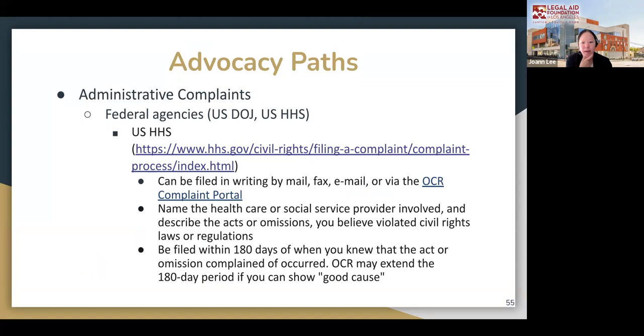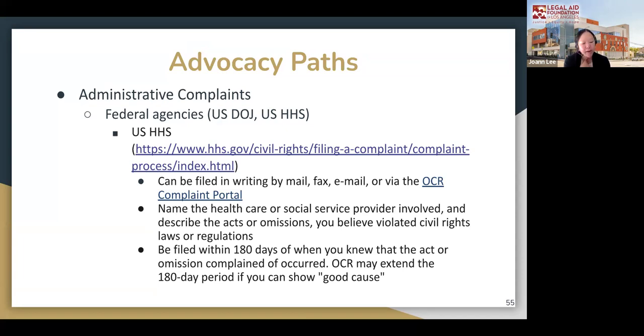If you go to lep.gov, there's a lot on how you can file complaints with various federal agencies depending on the sector. Here we put as an example the U.S. Department of Health and Human Services, which is the department where we filed the complaint for the Zapoteco-speaking family. It can be filed in writing by mail, fax, email, or through the online portal.